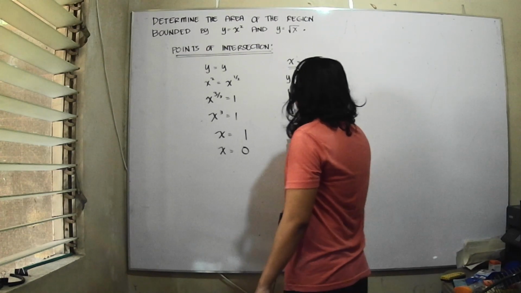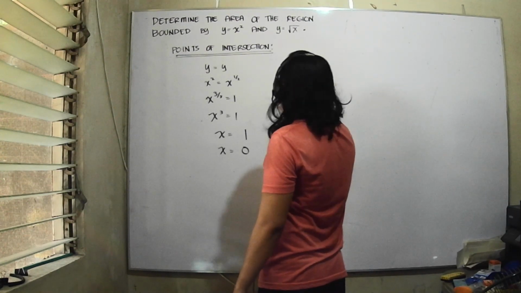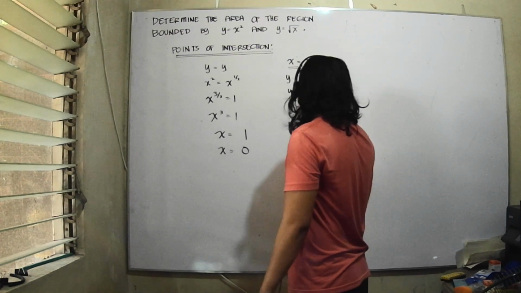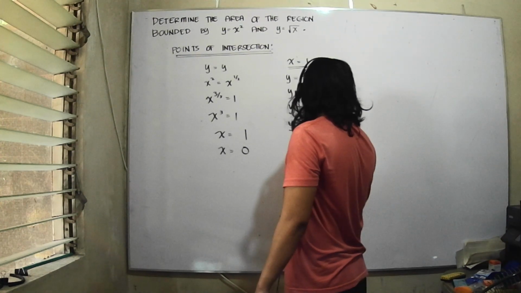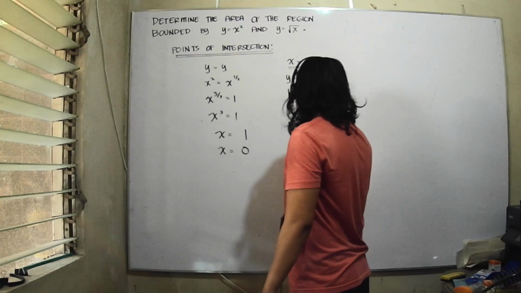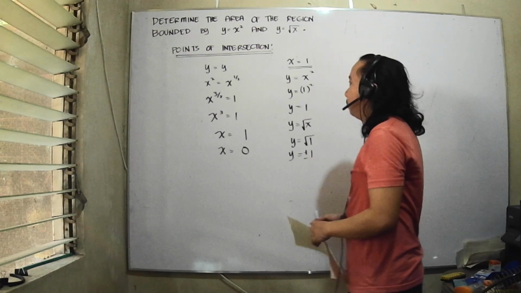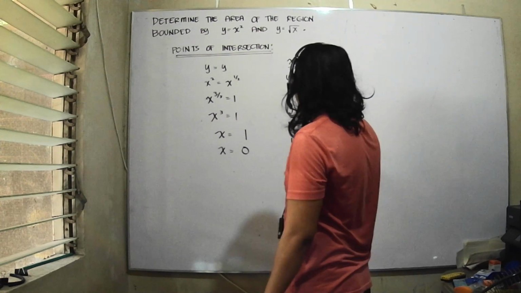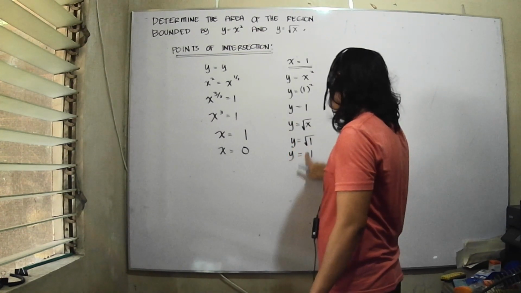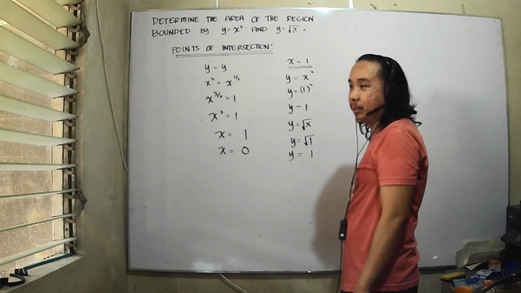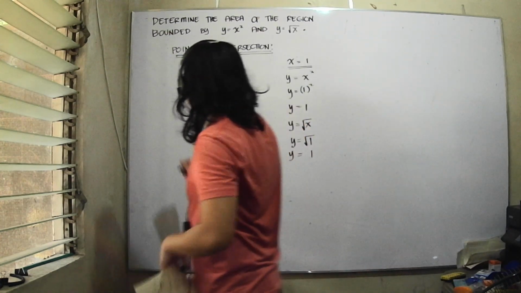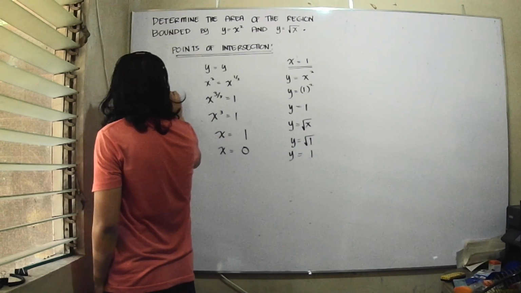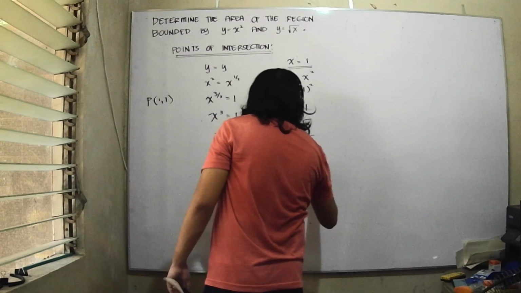When y is equal to square root of x, putting 1, the square root of 1 is positive or minus 1, but we only use 1, the same ruling as in the first problem. So one point of intersection would be (1, 1).